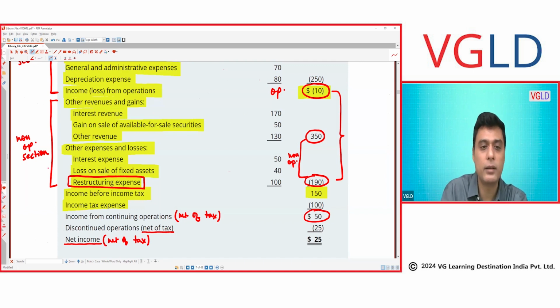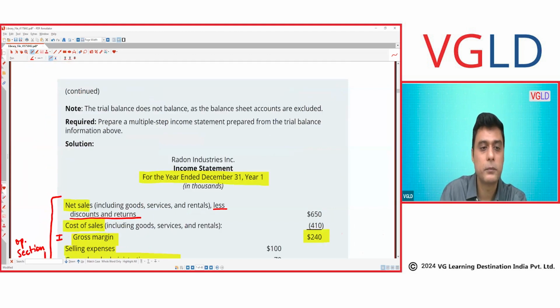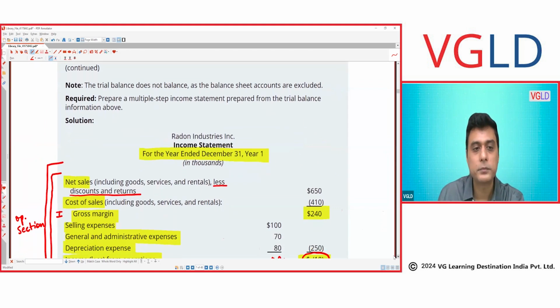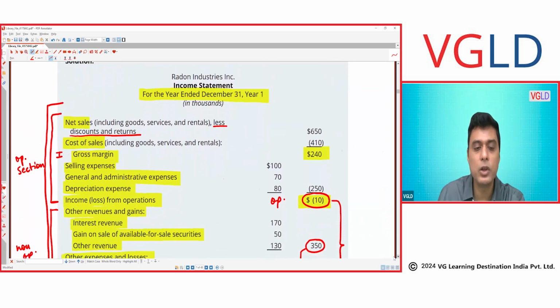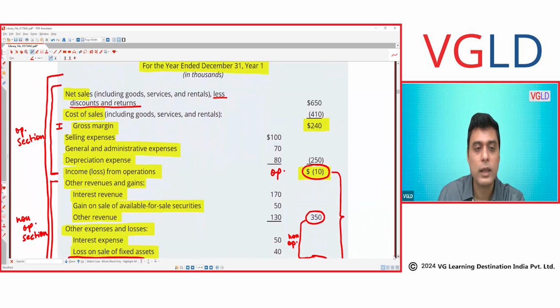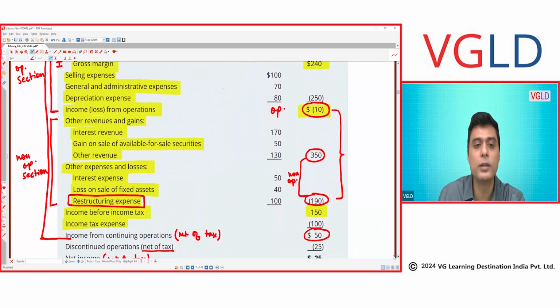Because this whole part up to this point is income from continuing operations. So it is a separate line, unusual or infrequent or both, is a separate line item in the income from continuing operations section of the income statement.